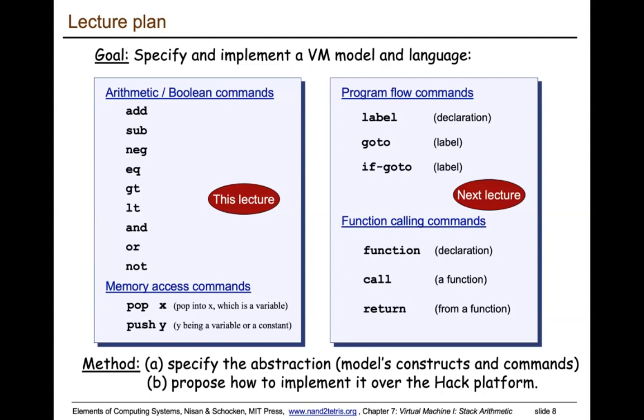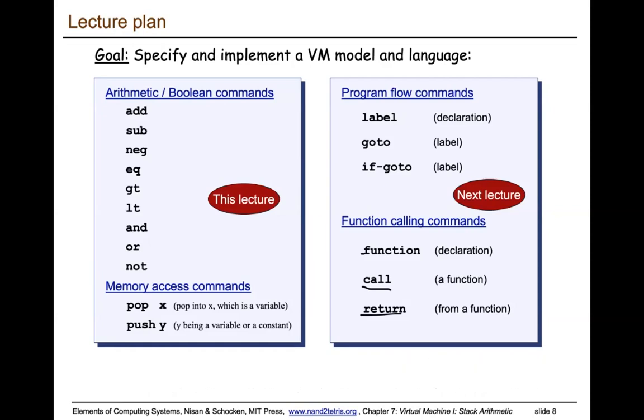And probably next week, we will do the program flow control, like the while loop, like the for loop, how do I declare and use the label, if-goto, this program flow command. And the last one, the most complicated one, is the function calling method. You should be able to call the function, process the function, and return from the function. Okay, so far so good.